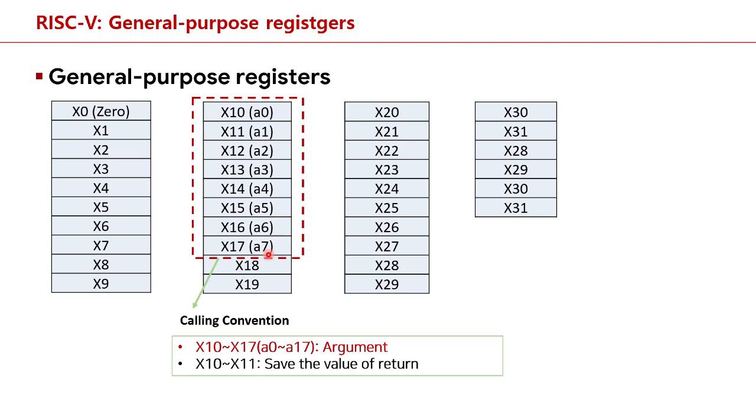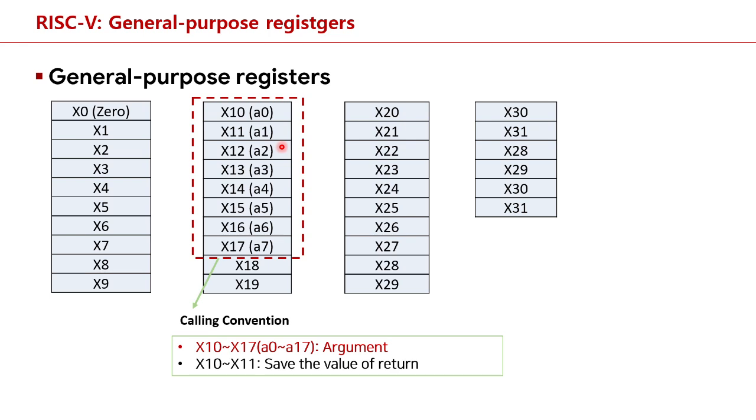For this function, the A0 register stores the first argument, and the A1 register stores the second argument. Every time before the function call is made using the JAL instruction, you're going to see instructions where the A0 or A1 register is modified using the MV instruction or the add assembly instruction.